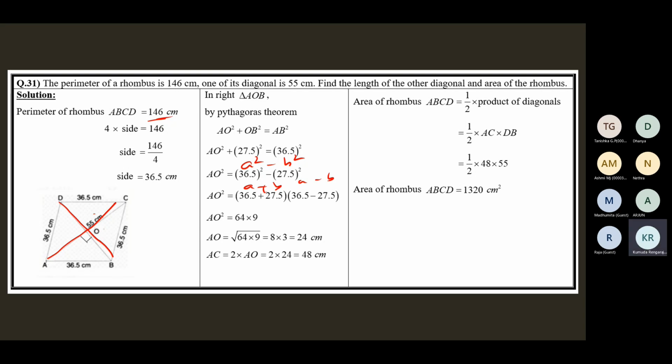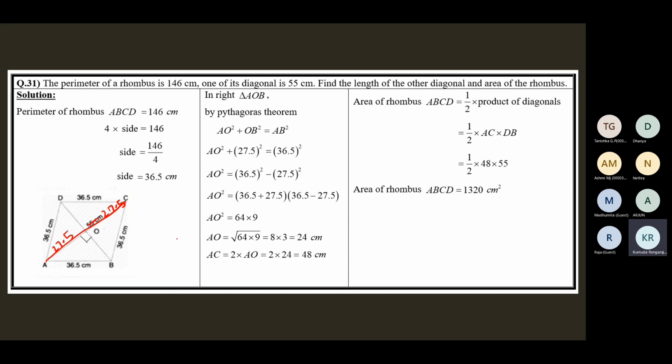So we use Pythagoras theorem in one right triangle. I have taken AOB. In this right triangle, this is the hypotenuse, 36.5. One diagonal is given, 55, so half of that is 27.5 here and 27.5 here.